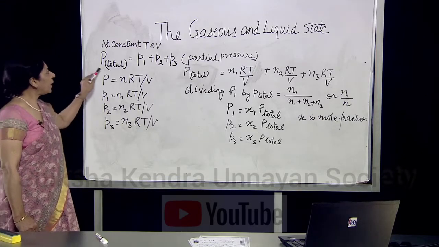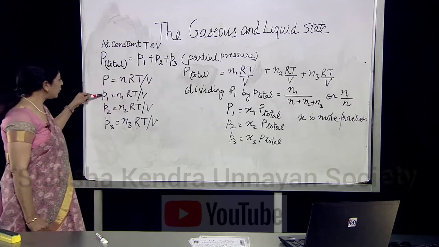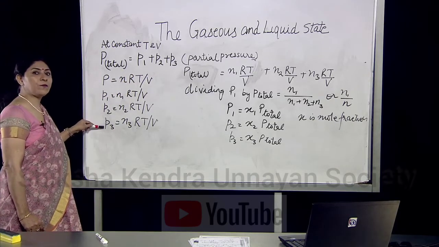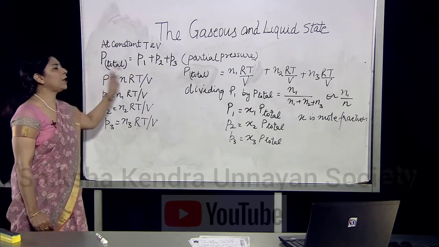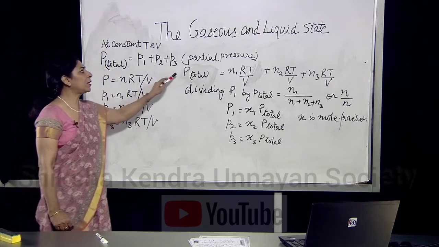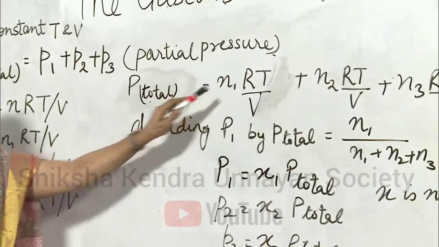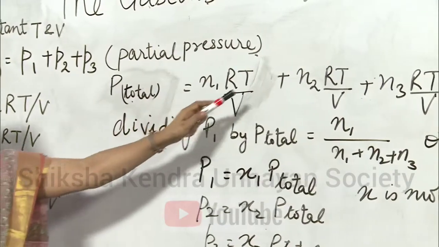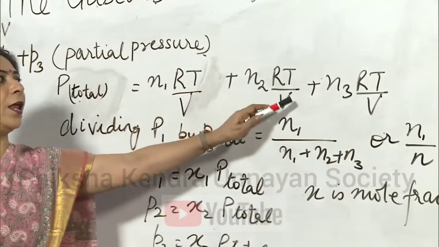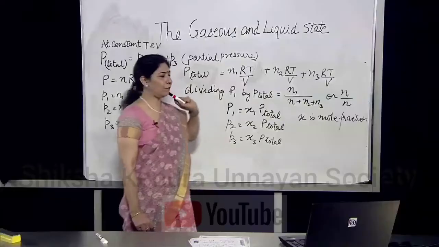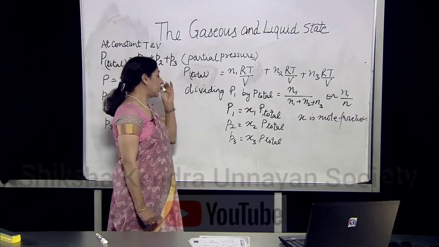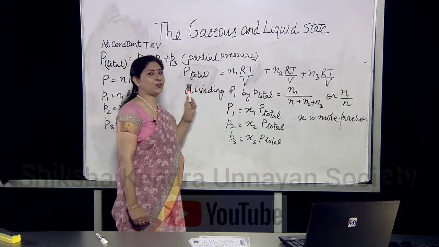Now, by taking this equation, let's put the values of these P1, P2, P3 in the main equation. So we can say that P total is equal to N1 RT upon V, N2 RT upon V and N3 RT upon V. Now we have this as a total pressure.